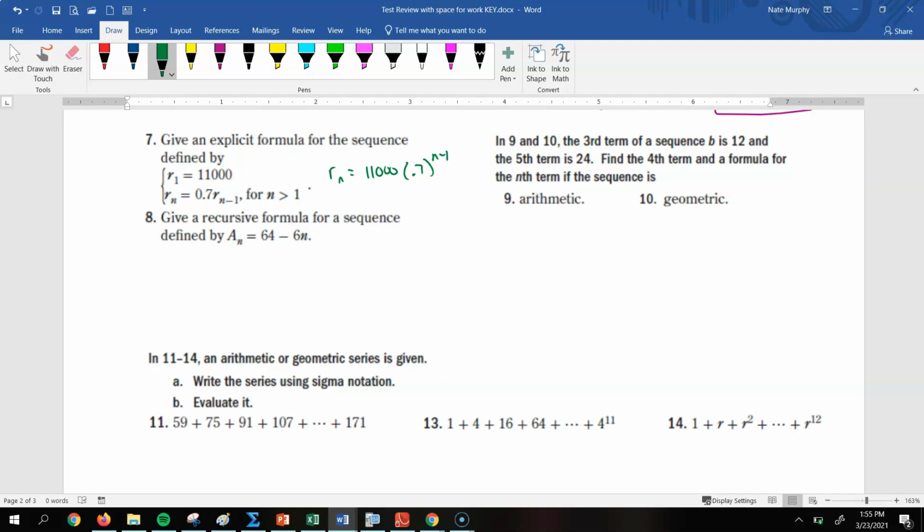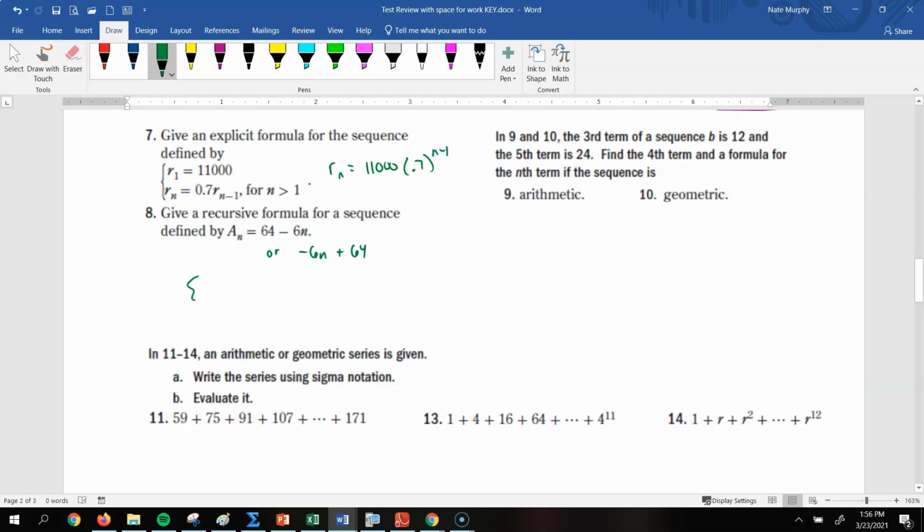All right, let's look at number 8. It says give a recursive formula for a sequence defined by a sub n equals 64 minus 6n. Another way to look at that would be negative 6n plus 64. We need to figure out our first term. Our first term is when n is 1. If I put 1 in for n, negative 6 plus 64 would be 58.